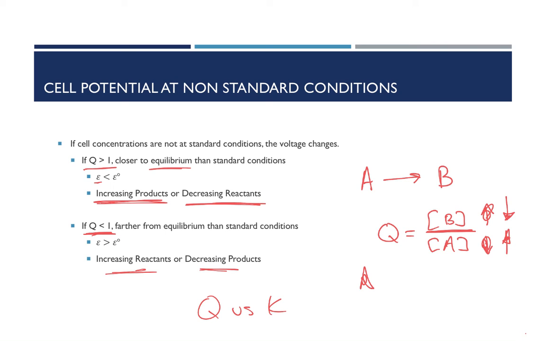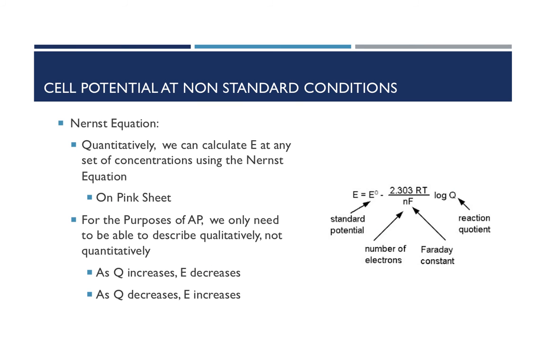But can we get an actual number out of this? Well, we can. On the pink sheet, you'll find something called the Nernst equation. The Nernst equation basically says that if we take the standard potential minus 2.303 times the gas constant times the temperature times the log of the reaction quotient over the number of electrons and Faraday's constant, we can get an actual number for E. Now, AP does not require us to actually do calculations using the Nernst equation.